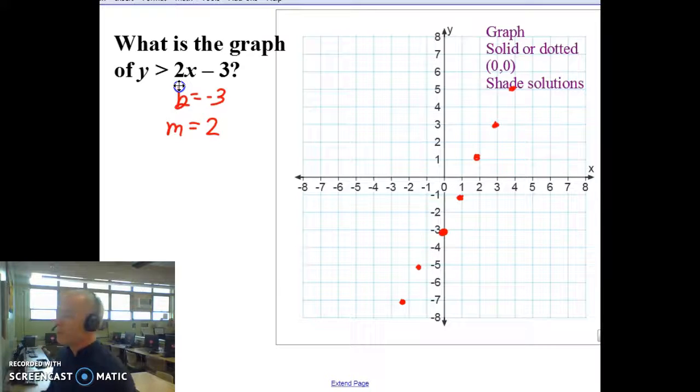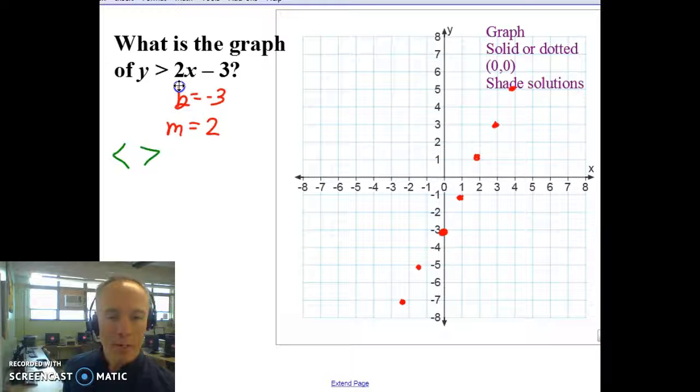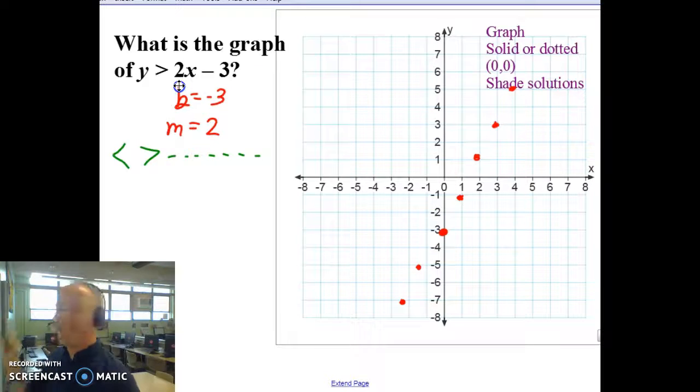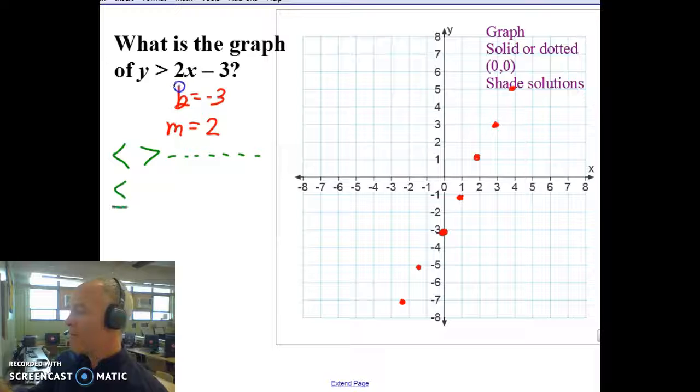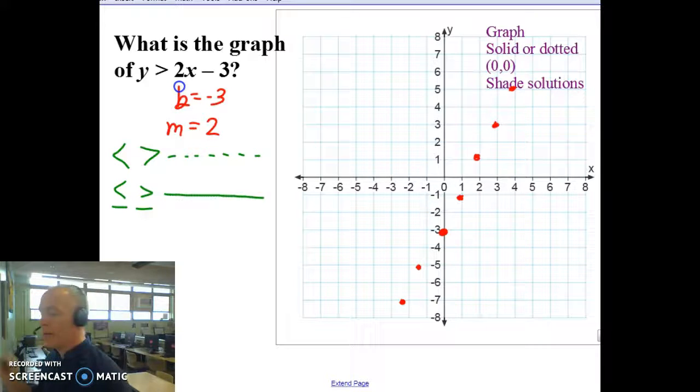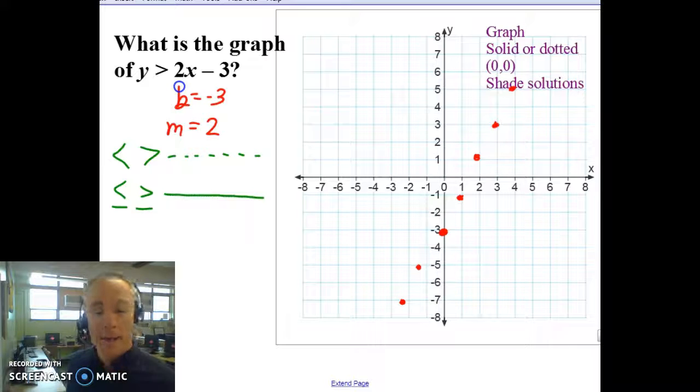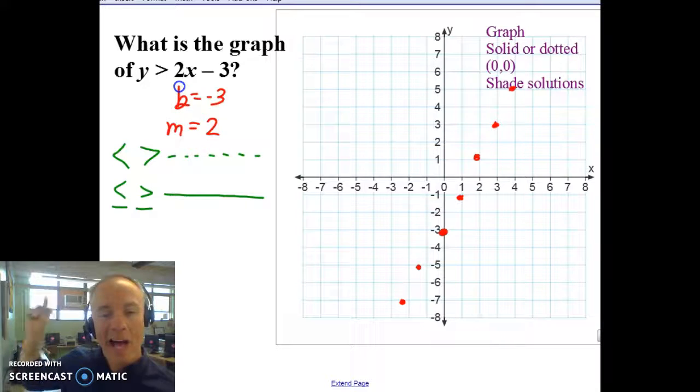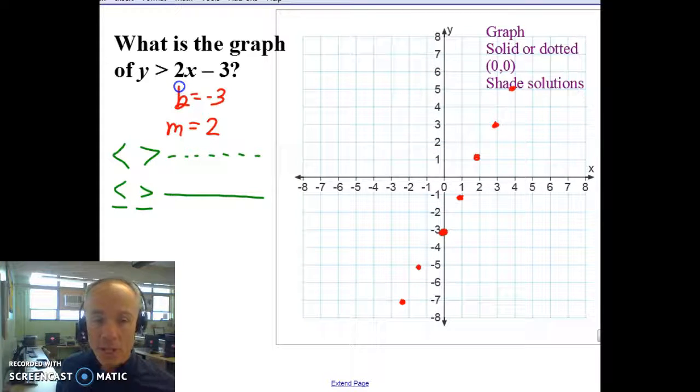In the case of inequalities, if you have a less than or a greater than symbol, you want to use a dotted line. If you have a less than or equal to or a greater than or equal to symbol, you want to use a solid line. And here's why. If you have a dotted line, what you're saying is every single ordered pair on that line is not part of the solutions to that inequality.